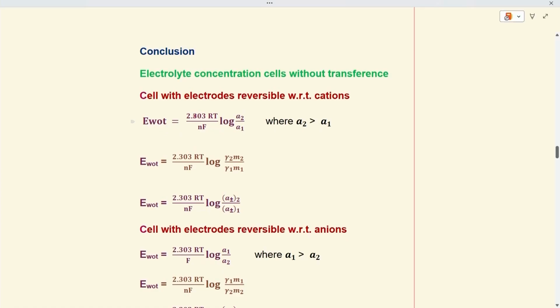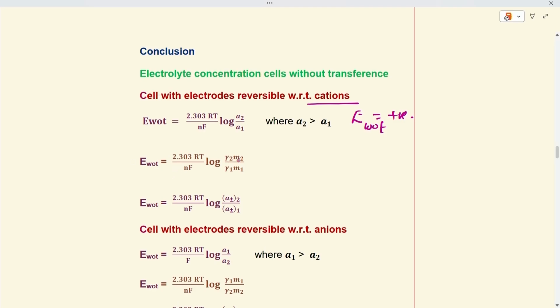Now, to conclude, in this session we have been seeing electrolyte concentration cells without transference, and in without transference we have been seeing cells constituting of electrodes reversible with respect to cations and reversible with respect to anions. The Nernst expressions are given as E without transference is equal to 2.303 RT by NF log A2 by A1 for those with cations, and here A2 should be greater than A1, only then E without transference will be positive.